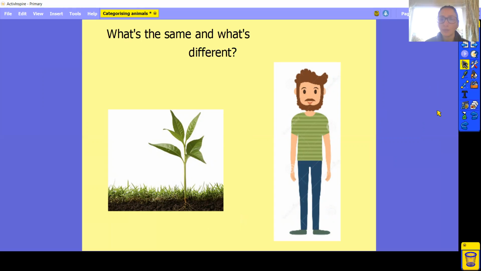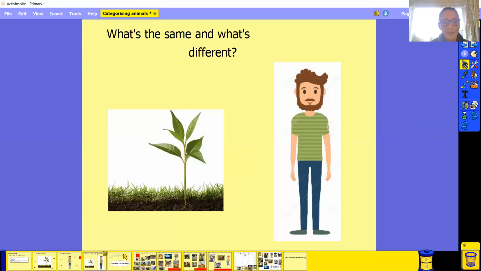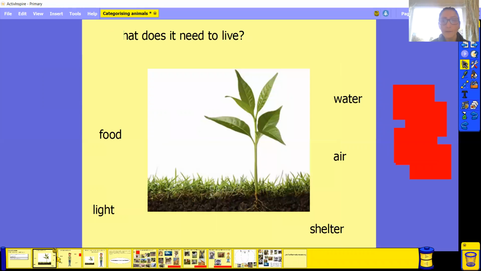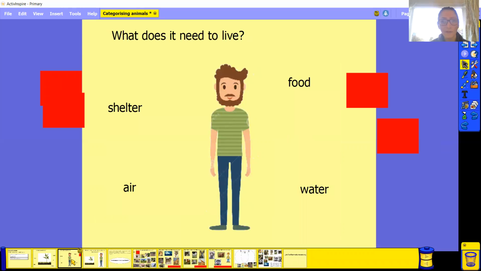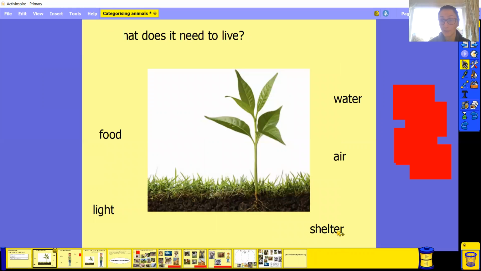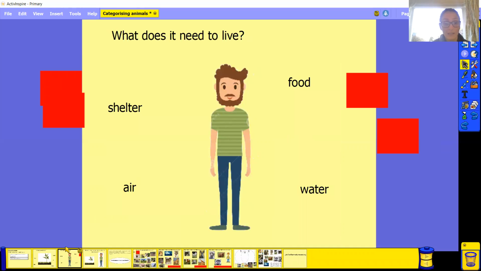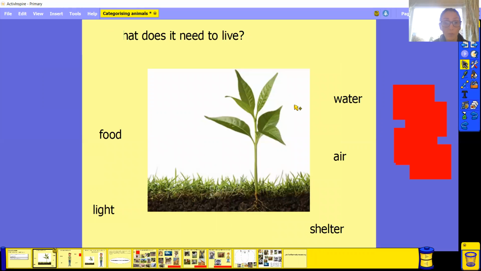Okay, so as you notice, there are quite a few similarities and very few differences actually. Both humans and plants need shelter to survive. We both need places so we can keep warm and we're not too hot or too cold. We both need air to survive and to breathe. We need water as well.